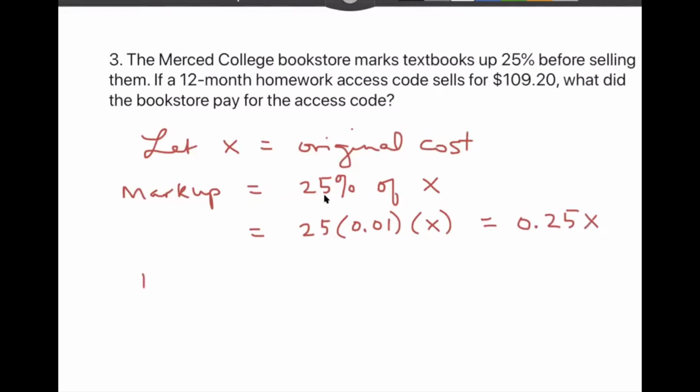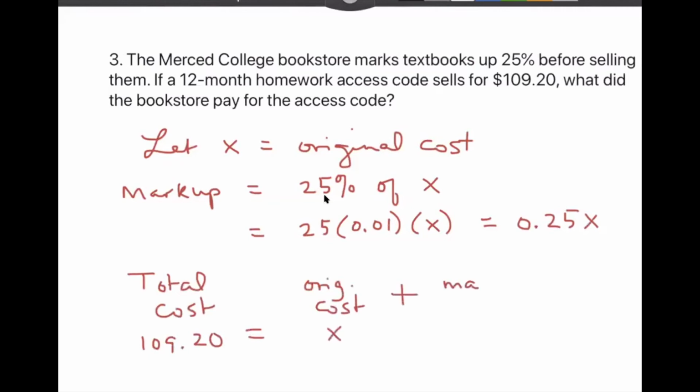And then the total cost, which in this problem is given to be 109.20, is equal to the original cost, which we're calling X, plus the dollar amount of the markup, which is 0.25X.